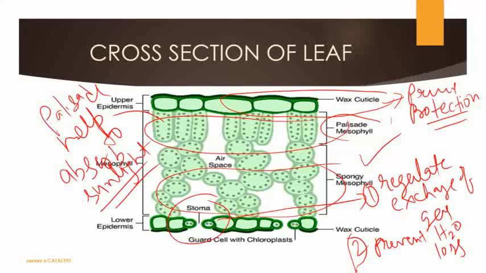And this mesophyll cell contains green pigment, and that green pigment contains what? Chlorophyll, which has the capacity to trap solar energy, and because of that they are able to prepare food like glucose by using raw materials like carbon dioxide and water.